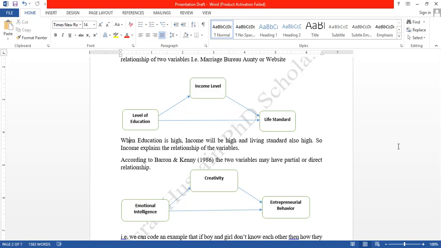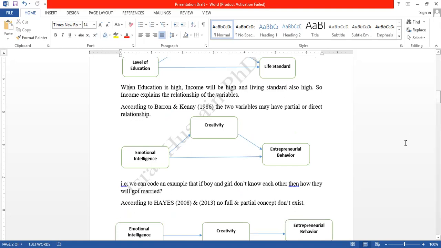Another example: if a boy and girl don't know each other, then how will they get married? So he said the relationship exists between dependent and independent variable. It will give us the answer of how and why.